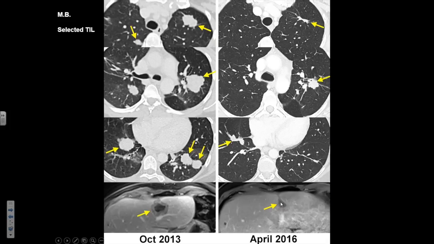Now, this patient had this dramatic response that lasted 9 months before a single metastatic deposit appeared in her left lung. We resected that, as well as a hilar lesion that had not completely disappeared.